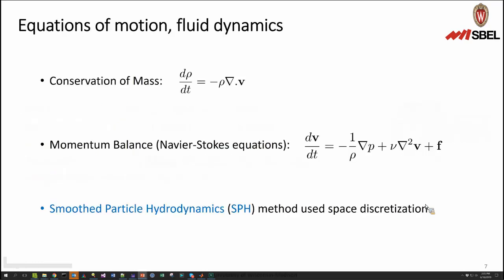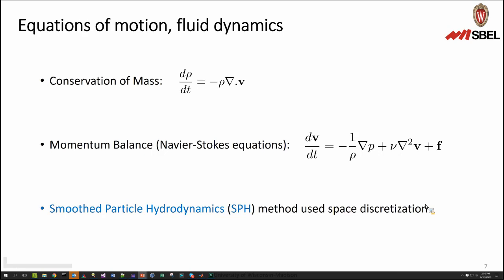Beyond strictly multi-dynamics, I mentioned that we do fluid-soil interaction. These are the equations of motion. This slide is the analog of the slide that we saw 5 slides ago. The first equation is the mass continuity. The second one is the momentum balance, also known as Navier-Stokes. Here we assume that we work with an incompressible Newtonian fluid.